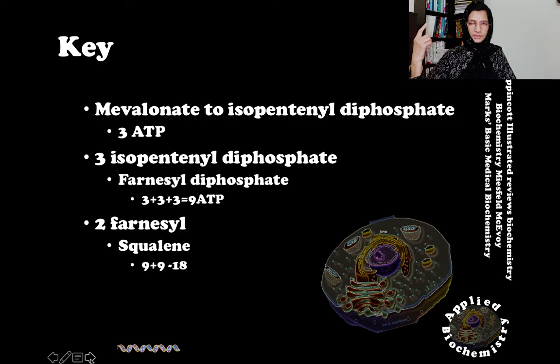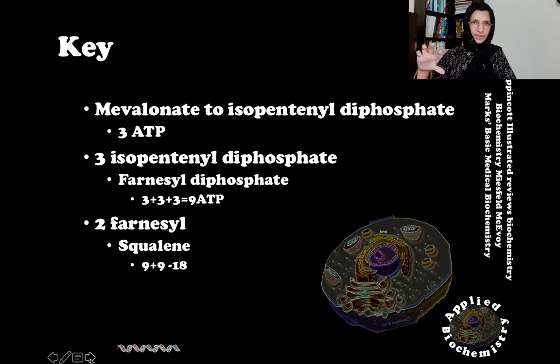Now 3 isopentenyl diphosphates are required for the formation of farnesyl diphosphate. So 3 plus 3 plus 3 makes 9 ATP for the formation of 1 farnesyl diphosphate.